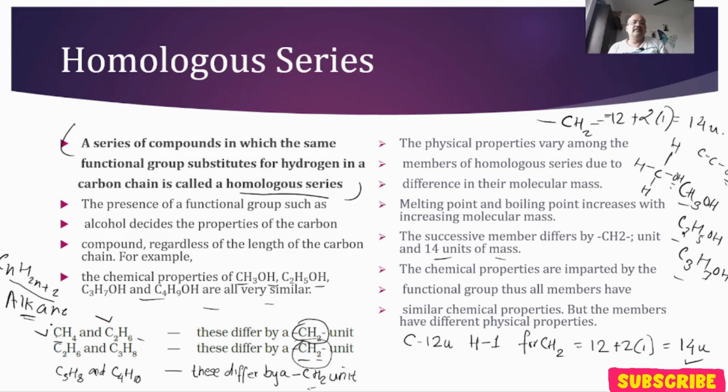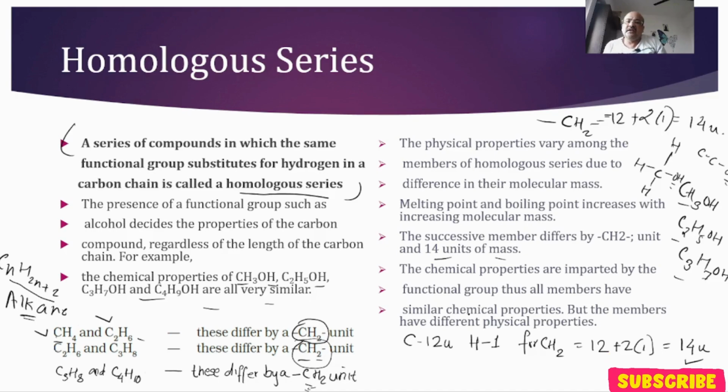C2 minus C1 is 1 carbon, and H6 minus H4 is 2 hydrogens, so they differ by a CH2 unit. Ethane and propane also differ by a CH2 unit. Propane and butane also differ by a CH2 unit.